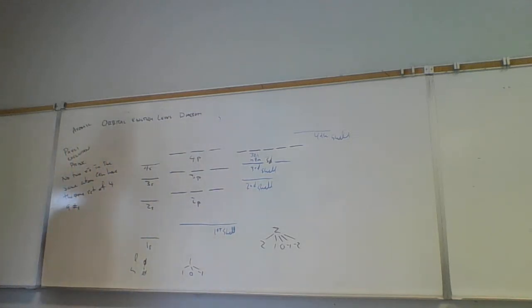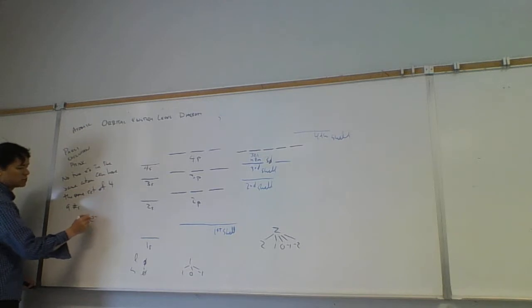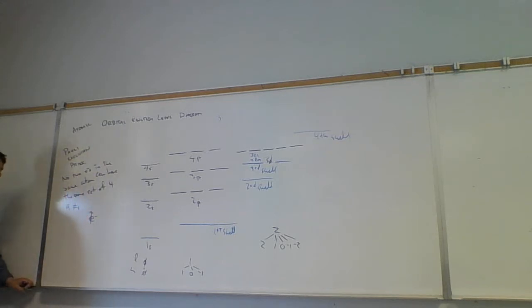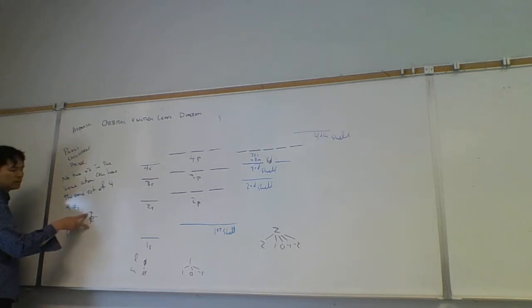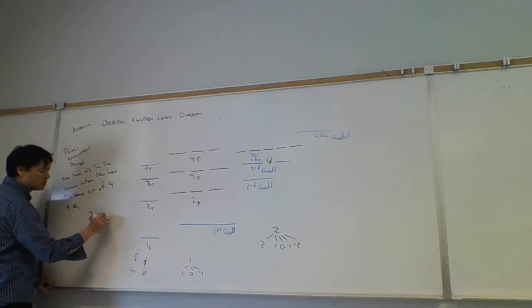All right. Then when we put the electron in, there are 2 ways of putting an electron in there. An electron is a spinning charge, or a moving charge, the way we think about it. It's going to generate what we call a magnetic field. Moving charges generate magnetic fields. The magnetic field could be up like this. This is called spin up, north pole up. Or it could be spin down.